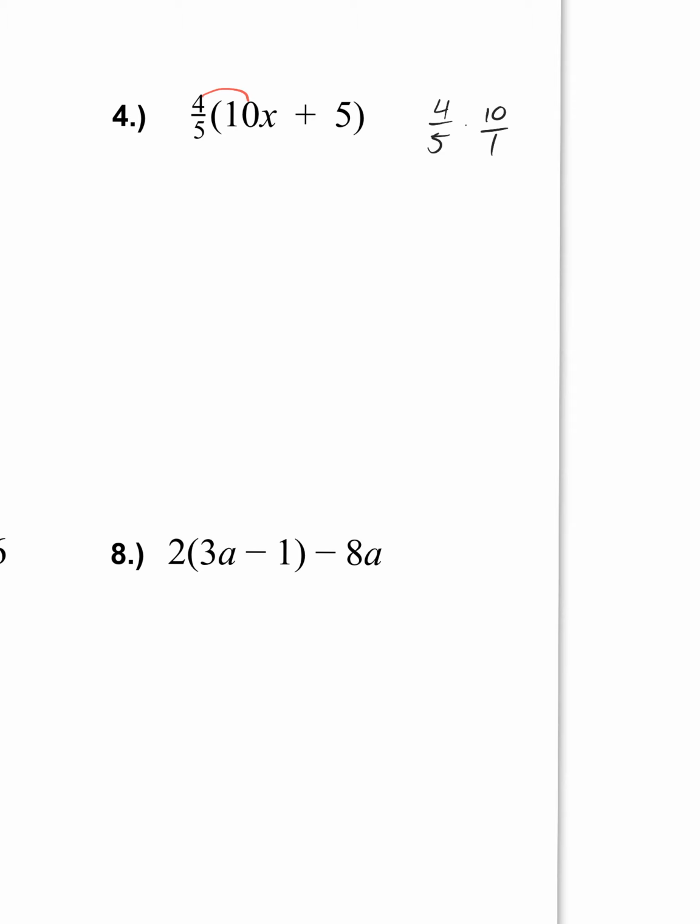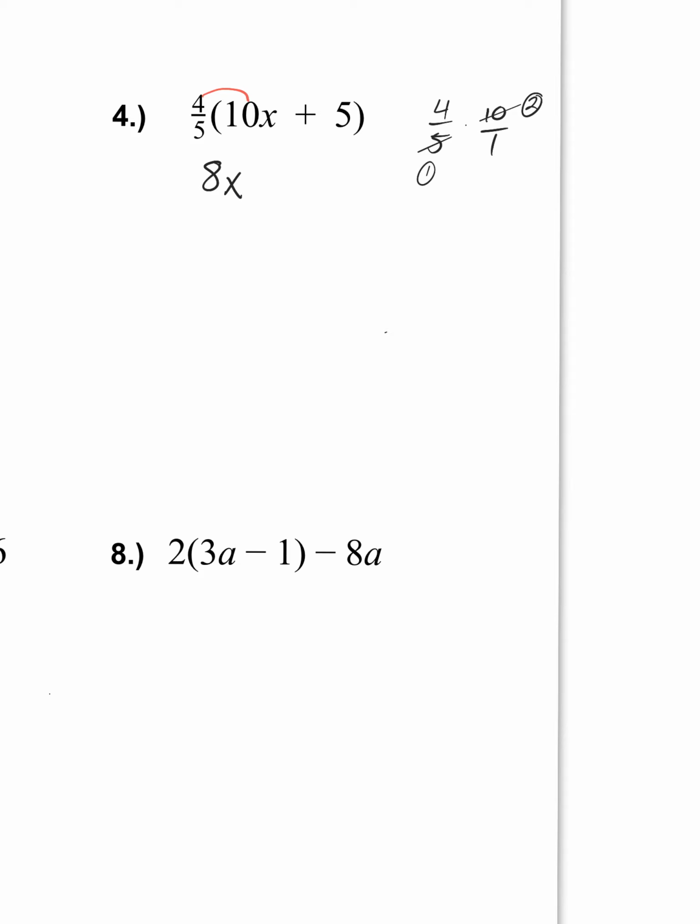And if we go ahead and do a little simplifying, both of these can get divided by 5. And we multiply our numerators, we're going to get 8 over 1, which is equal to 8. So 4/5 times 10x, or 4/5 of 10x, is going to be 8x. We're bringing that x down.